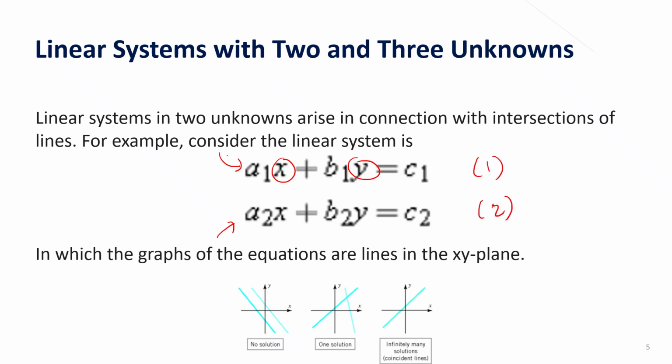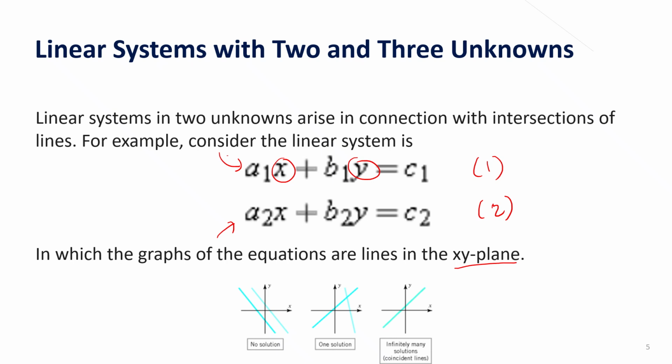For a linear equation system, it means that basically we find whether these two lines have intersections when we draw them in the graph, or when we illustrate them in the x and y plane coordinates.